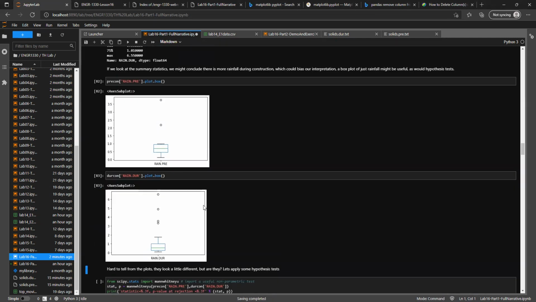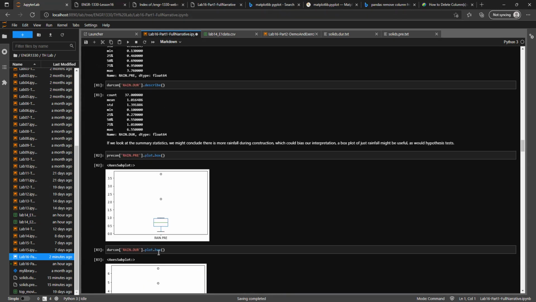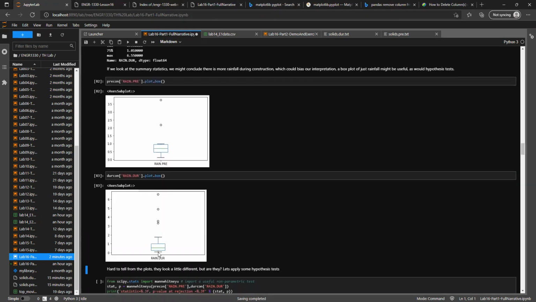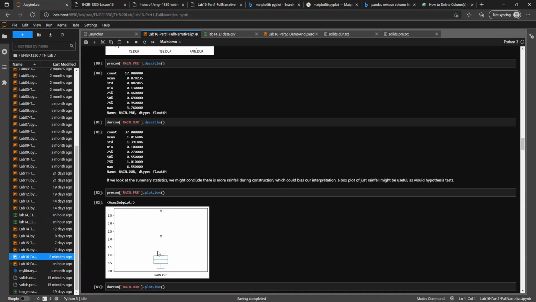So here is the box plot for the two. And considering this is just rain, the numbers on the left should be somewhat similar. So note that the range we have here is somewhere between, let's see, for during our minimum was 0.1 and the one before, close enough.